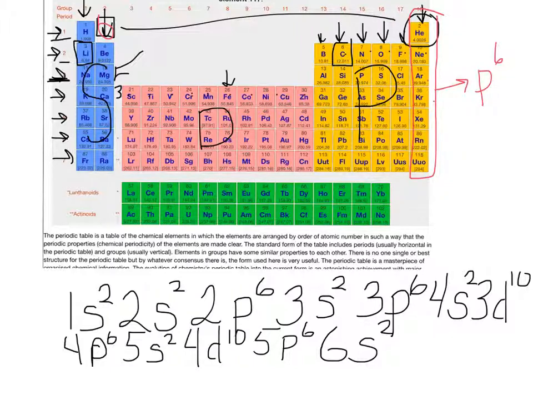So, instead of saying 2p6 here, I could say whatever its element is, and then I could abbreviate anything on the next row just by adding its electron configuration to the end of kryptons, or the end of argons, or the end of neons.